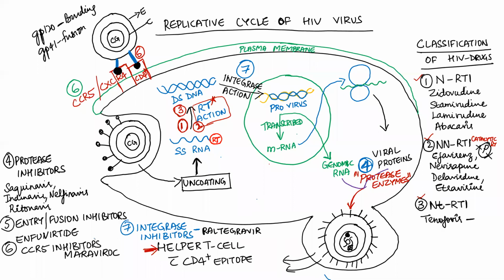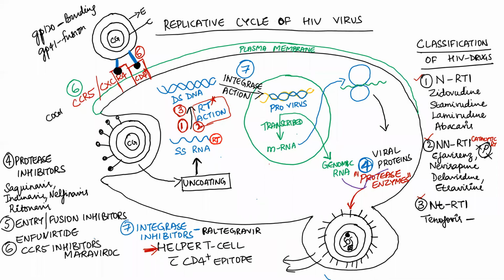Now coming to the protease inhibitors, they act at the level of the protease enzymes at the last step of the viral replication. Then we have entry fusion inhibitors, and the drug is enfuvirtide. It acts at the level of GP41. Then we have CCR5 inhibitors, maraviroc, which acts on one of the two co-receptors.